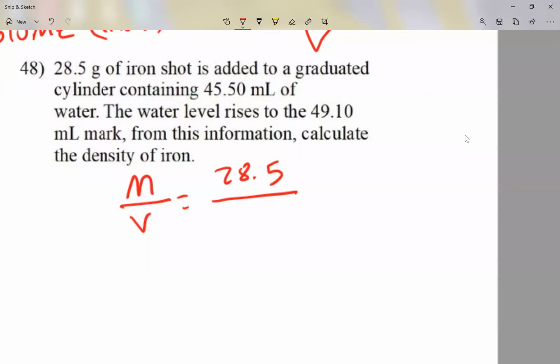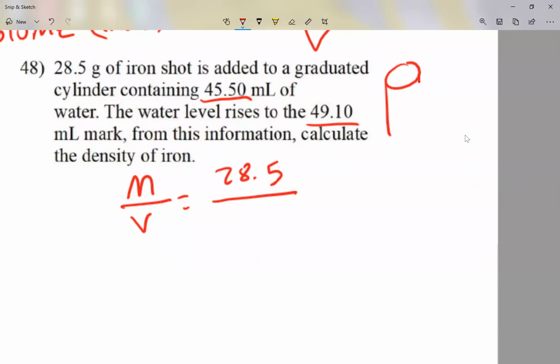For volume, I see two measurements. You see two numbers. So it seems like there was water. The container had water at 45.50, right? Once I added the iron, it rose to 49.10.